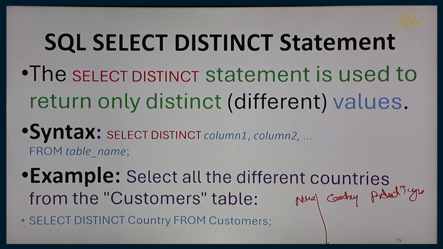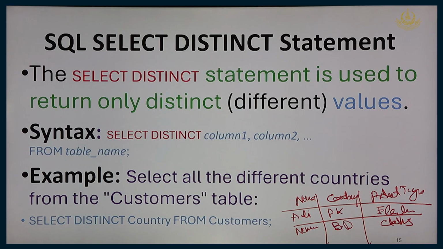The first customer is Ali from Pakistan. His product type is, for example, electronics. The second customer is Noman, who is from Bangladesh. His product type is cloth. The third one is Nazia, who is also from Pakistan.